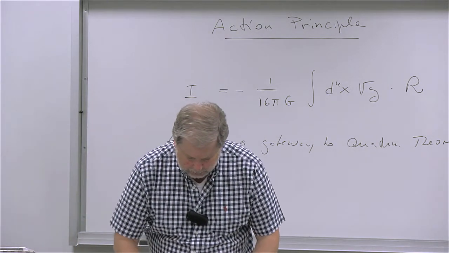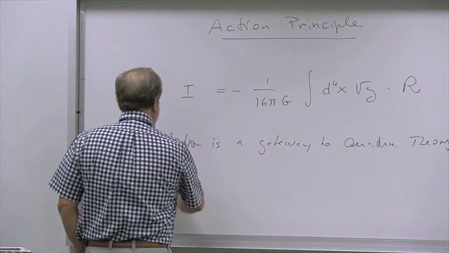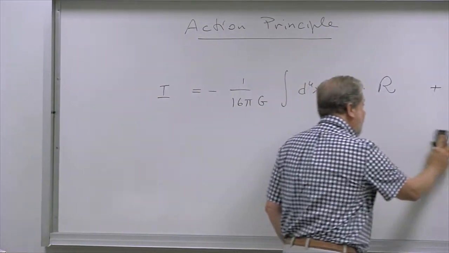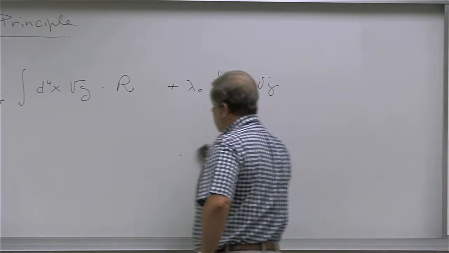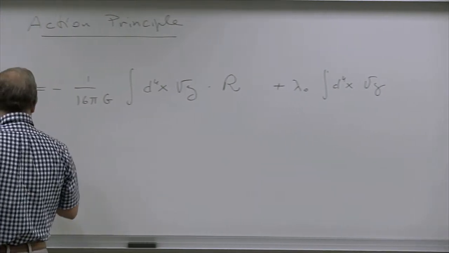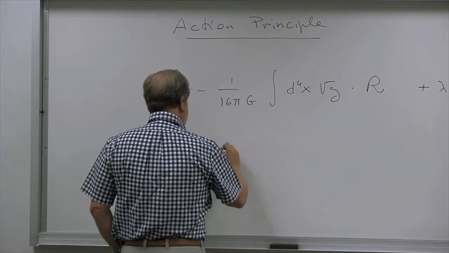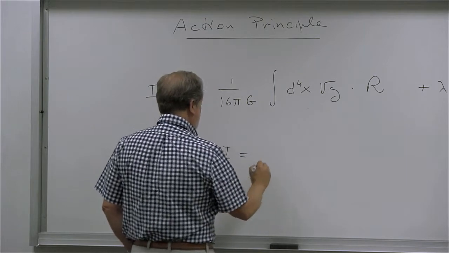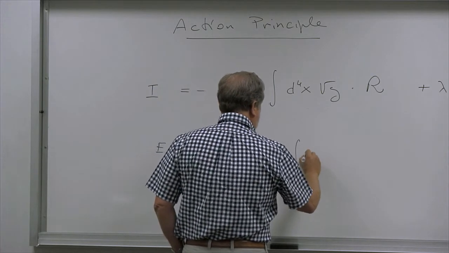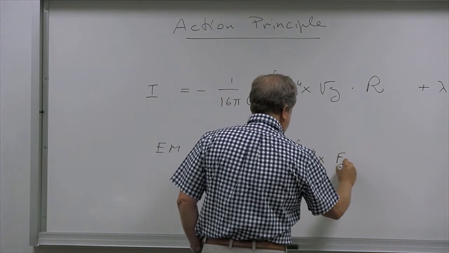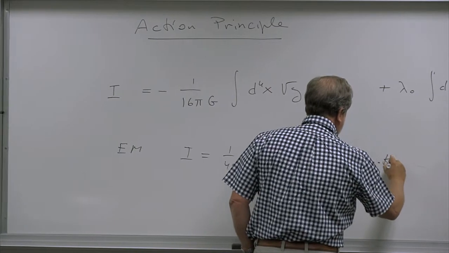Right. Now, to conclude this subject, let me again make an analogy with electromagnetism, right? Because in electromagnetism, the action I is equal to 1 over 4 g squared times the integral d^4x of F mu nu times F mu nu plus the matter part, right?